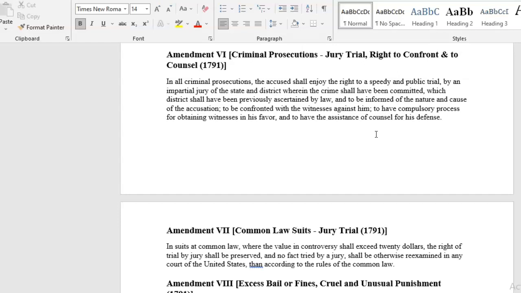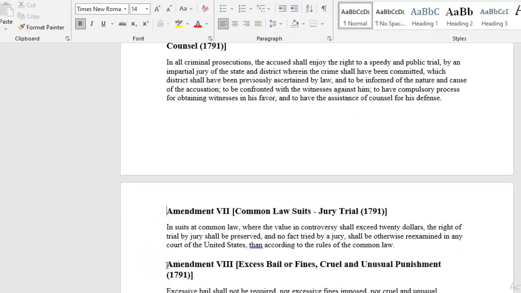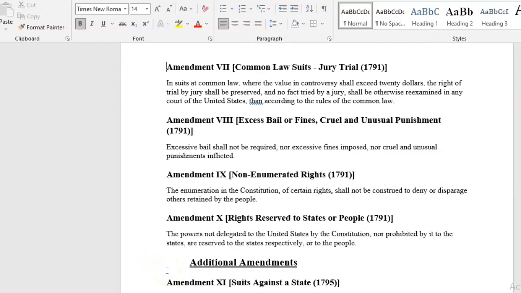So, again, we're going to go through later, and there's a lot of words that we're going to define, and you'll be very surprised to see what some of those words actually say when you look them up in a legal dictionary. Okay. Seventh Amendment is going to talk about common law suits, jury trial.